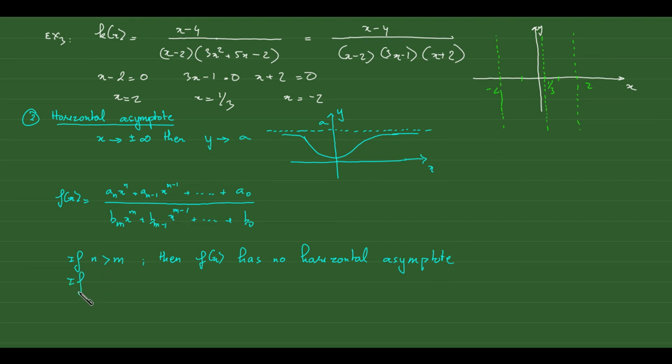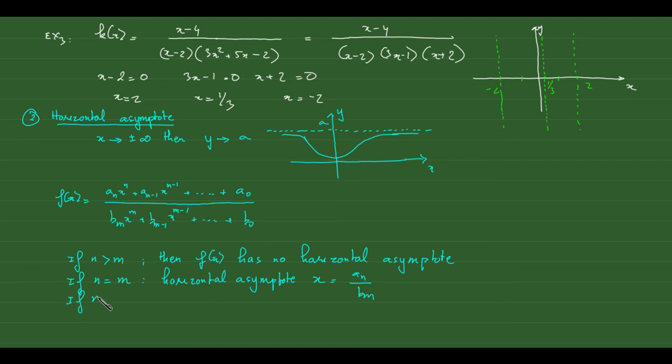If n equals m, then the horizontal asymptote will be y equals a sub n over b sub m.